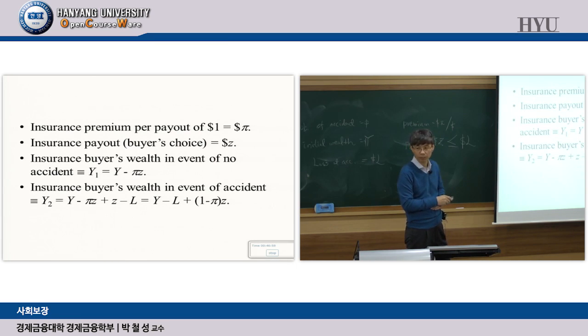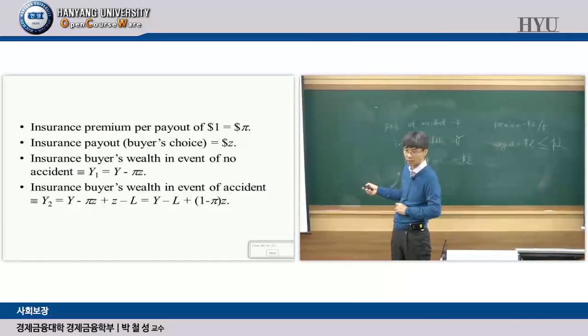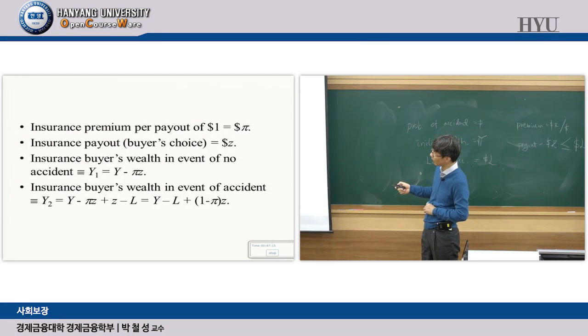You don't pay any premium, but when you have an accident, you lose the whole L. If you buy the maximum amount, Z equals L, then when you have no accident you get Y minus pi L. When you have an accident, with Z equals L, you get Y minus L plus (1 minus pi) L, which is Y minus pi L again.